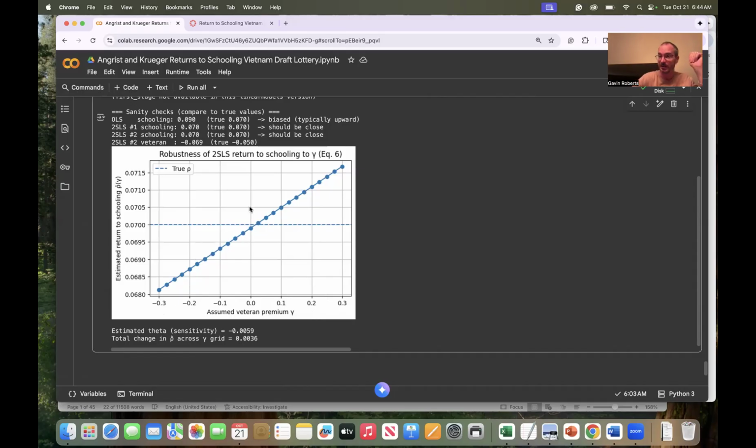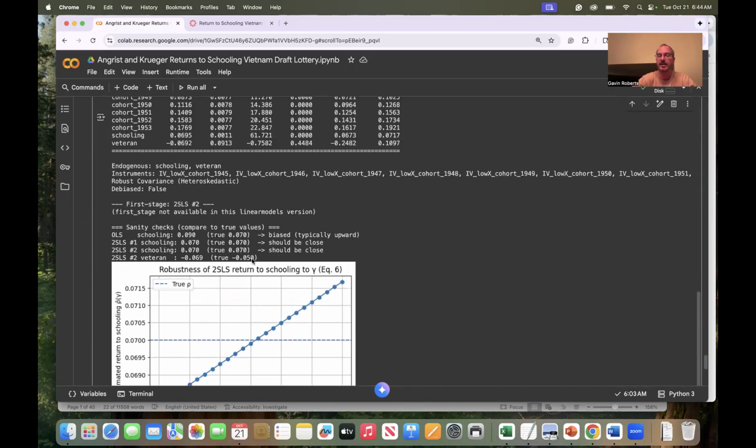So we've alleviated this issue of potentially picking up veteran status in our instrument of schooling. Those could be too tightly correlated, and we're really picking up the impact of veteran status. How to assess that would be, okay, let's put in different assumed veteran statuses, see how that impacts our estimate to schooling. Cool. So that's just a nice robustness check.